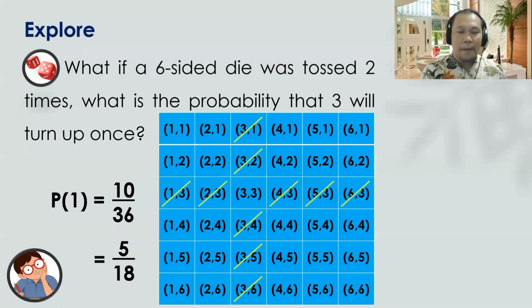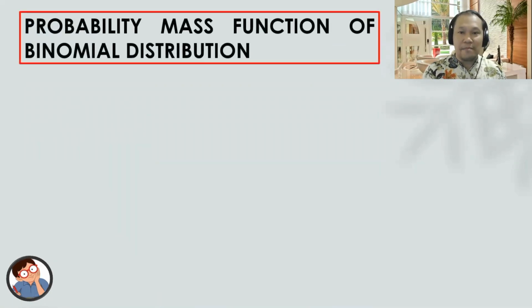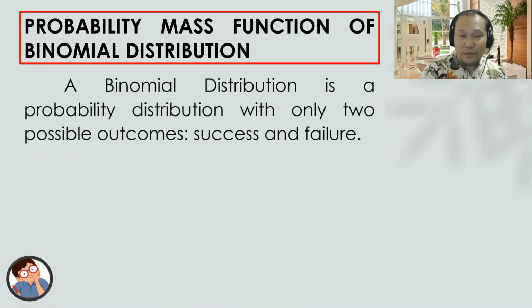But what if we are not going to provide the sample space? How are we going to find the probability that 3 will turn up once without providing the sample space? In this case, we can use the probability mass function of binomial distribution. A binomial distribution is a probability distribution with only two possible outcomes, success and failure.